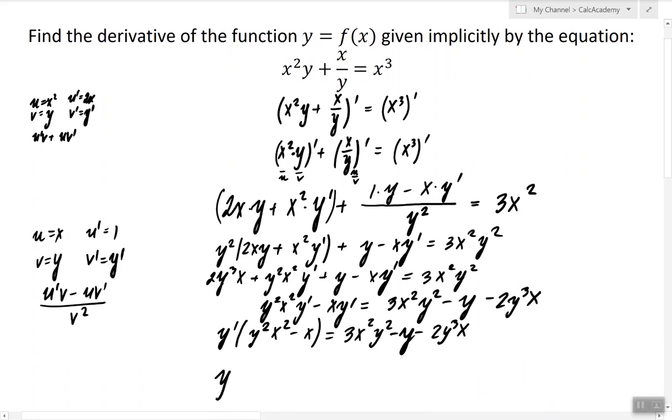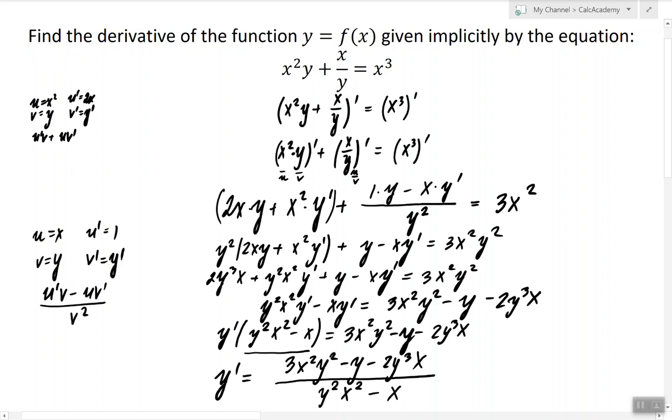So we isolate y prime by dividing both sides by this entire term. So y prime equals 3x squared y squared minus y minus 2y cubed x, divided by y squared x squared minus x.